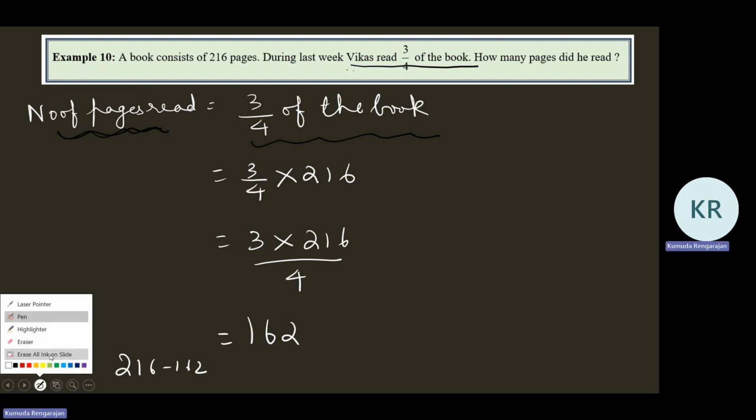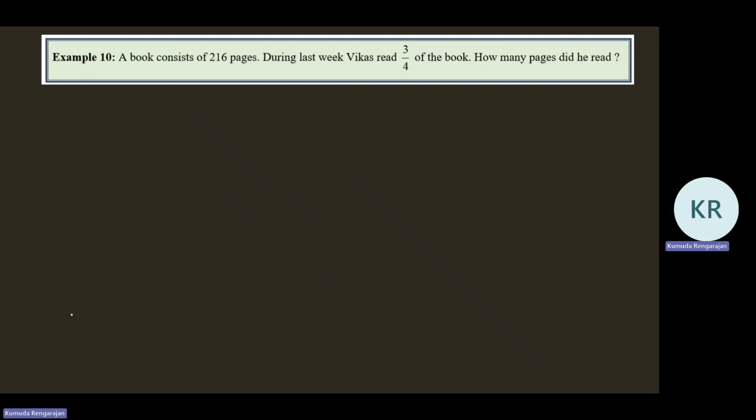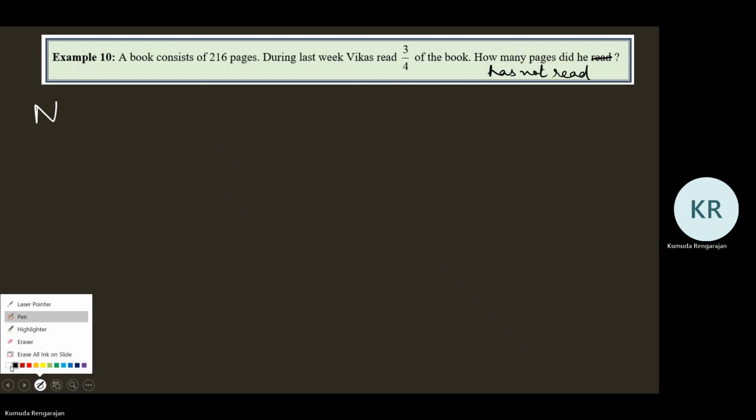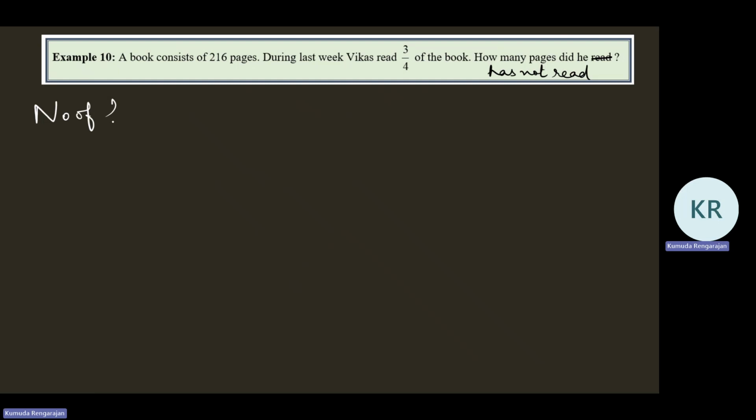How can you find the number of pages not read directly? Correct. So if you have to find how many pages he has not read, number of pages read is equal to 3/4 of the book.